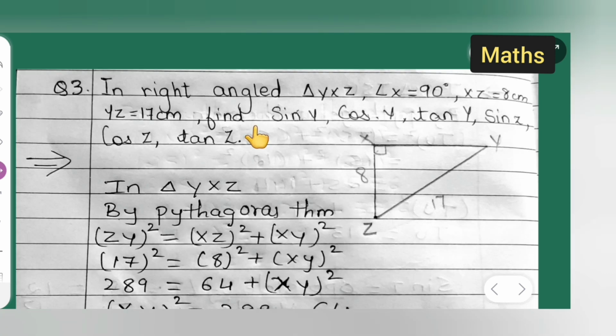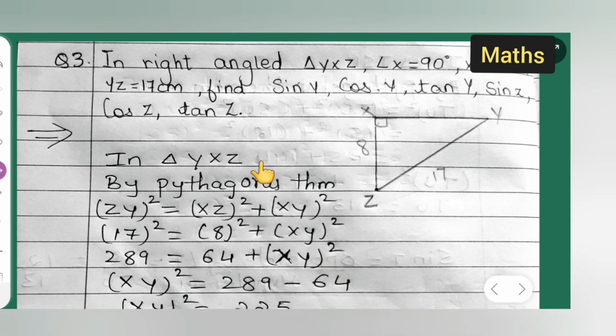So let me start. Here the right angle is given. We need to find cos y, tan y, sin z, cos z and tan z. For that, in a right angle triangle, we use Pythagoras because we need to find the adjacent side. So the formula is ZY squared is equal to XZ squared plus XY squared.